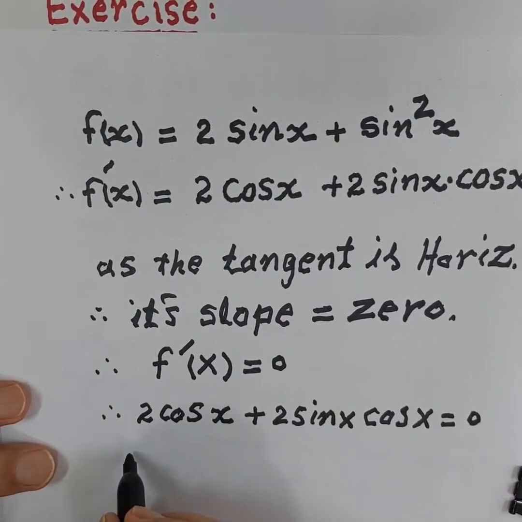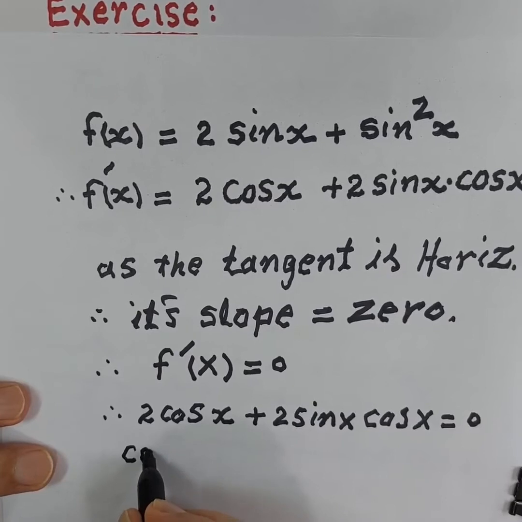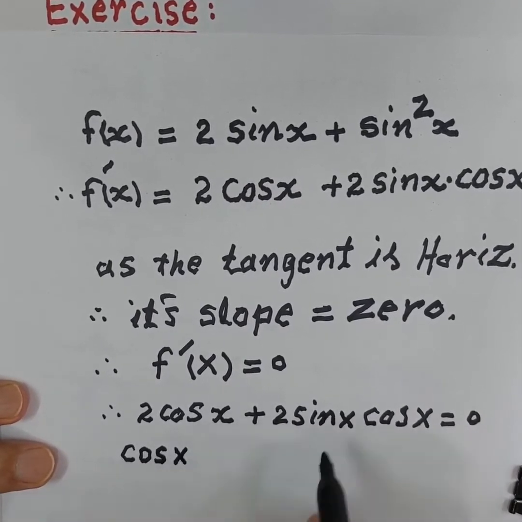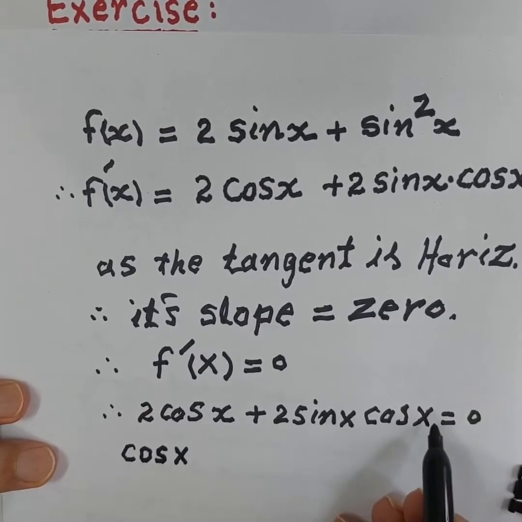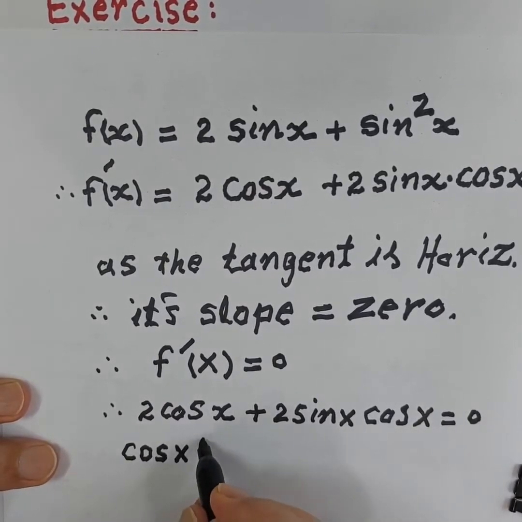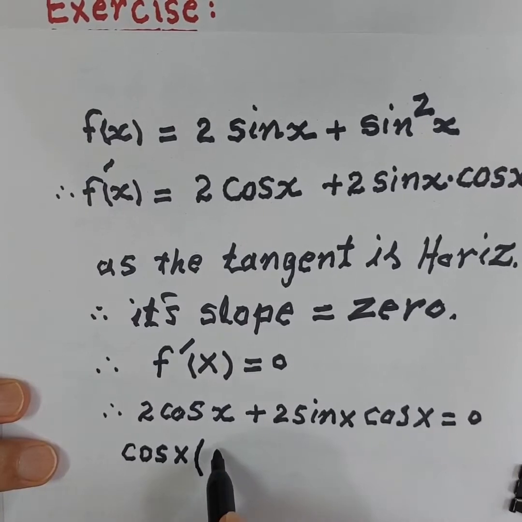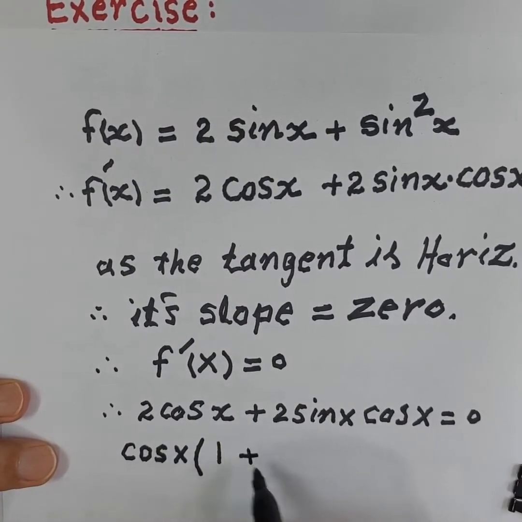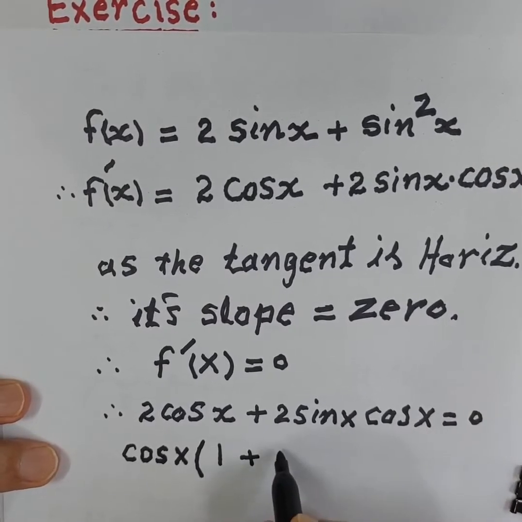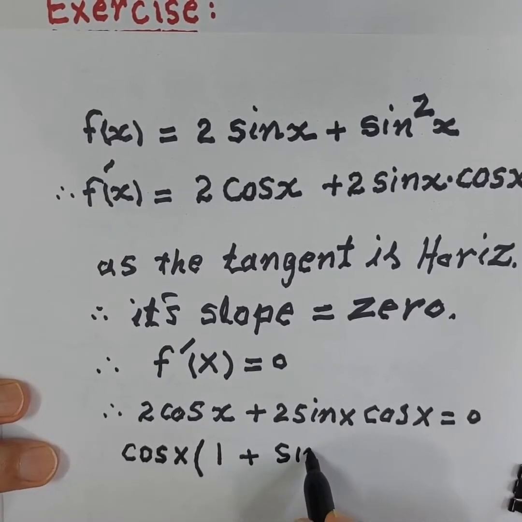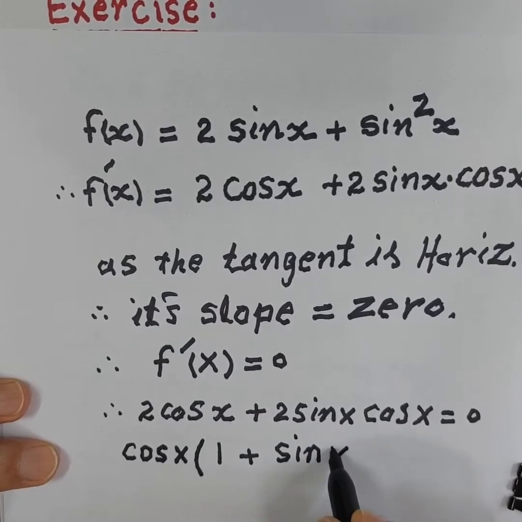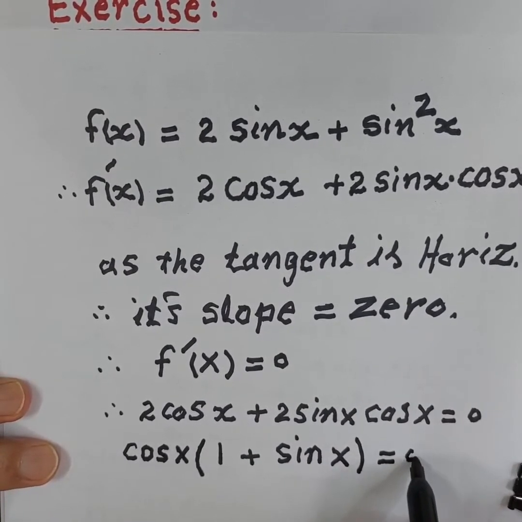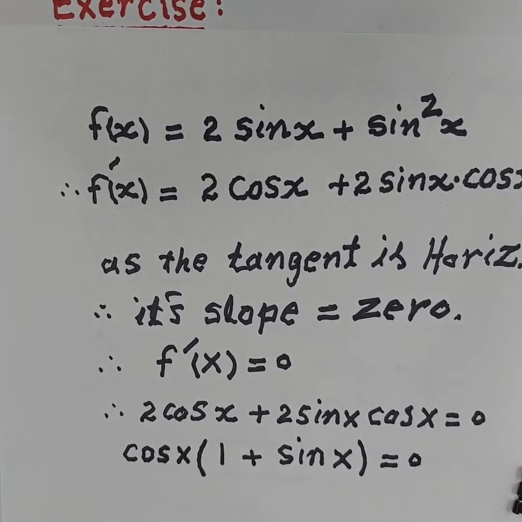So we will get cosine x plus sine x cosine x equal to 0. So we take cosine as common. Then here will stay just 1, and the second term will stay sine x, all equal to 0.